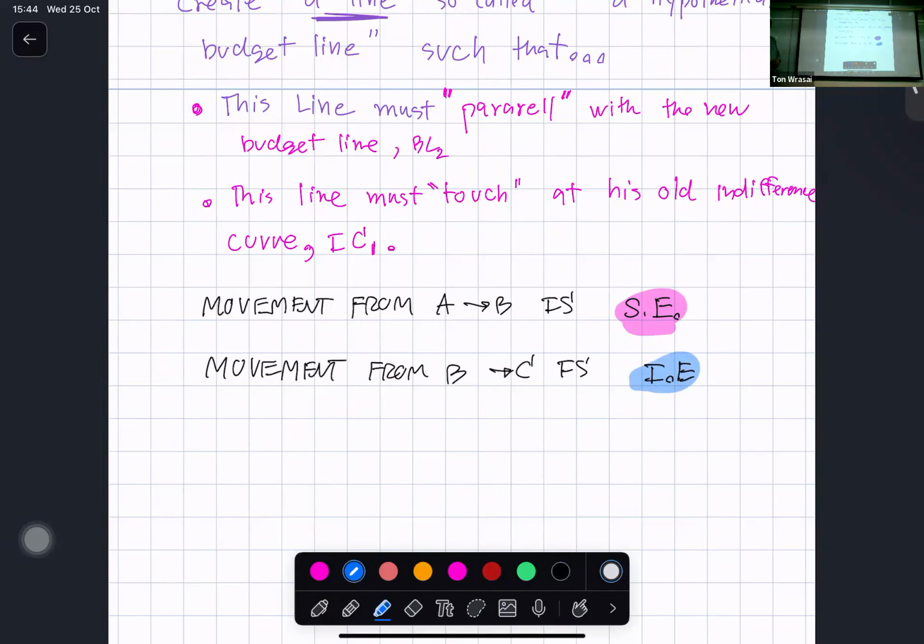And the instruction manual says the movement from basket A to basket B is about the substitution effect. The movement from B to C is about the income effect. We will see.